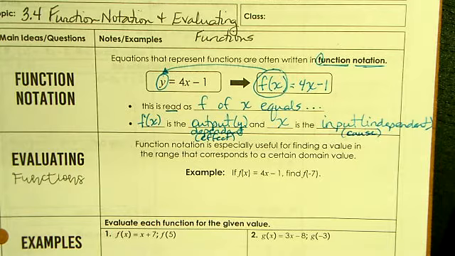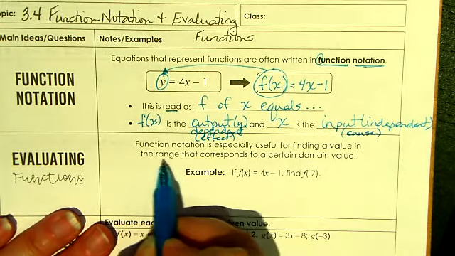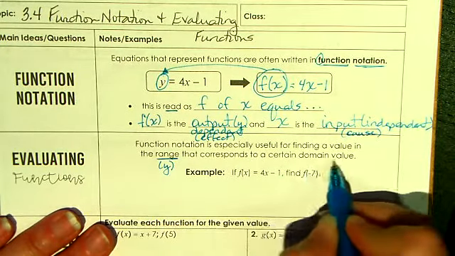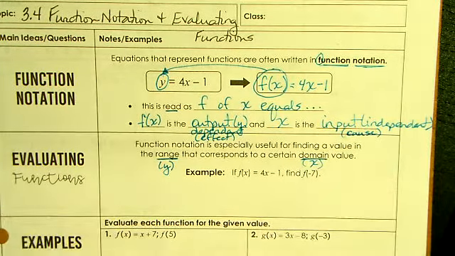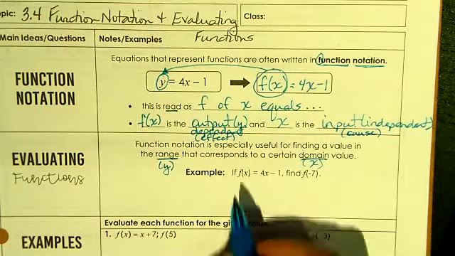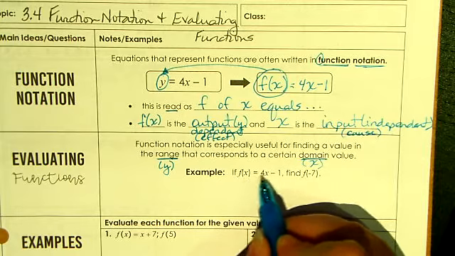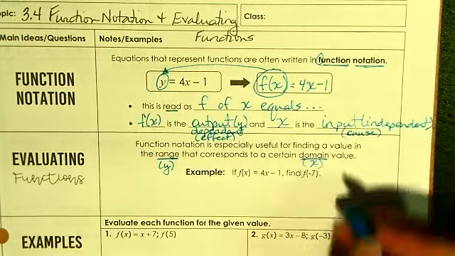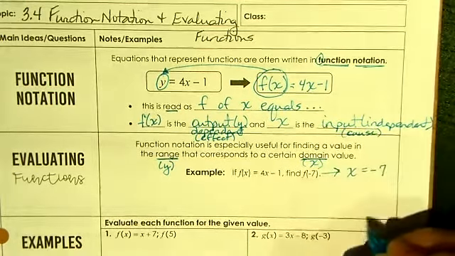Function notation is especially useful for finding a value in the range, which remember is y, that corresponds to a certain domain, which is x. If you're given the domain, the x value, you can easily find the range, which is the y. For instance, if f of x equals 4x minus 1, find f of negative 7. That just means that x equals negative 7.